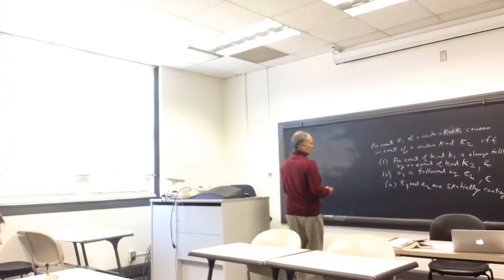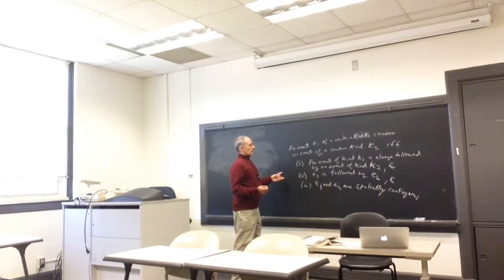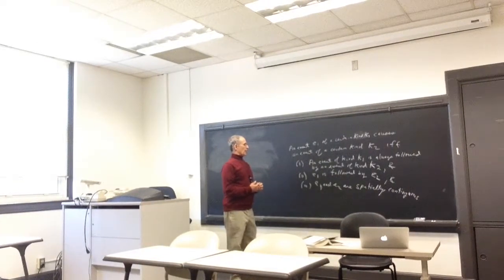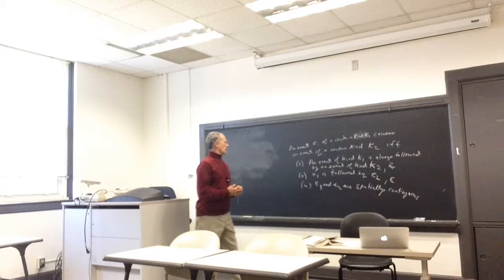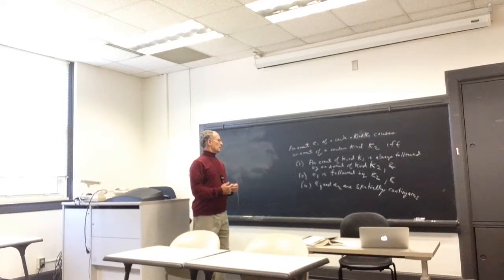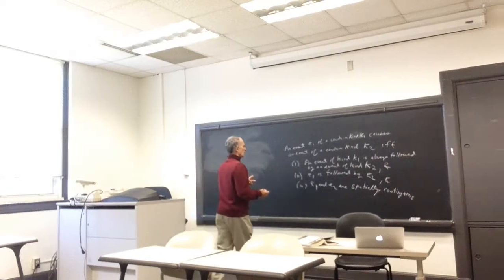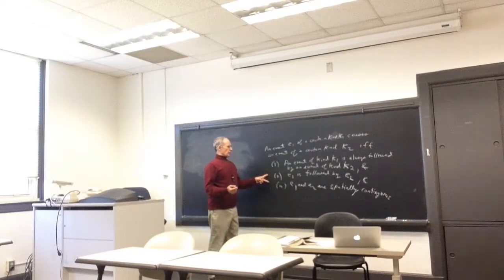What about the first condition, that an event of kind K1 is always followed by an event of kind K2? Well, the two examples that I just gave challenge the need for conditions 2 and 3.